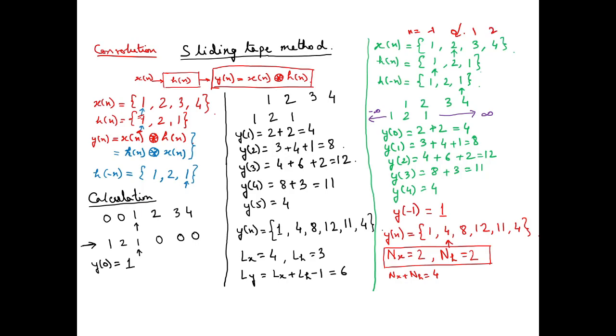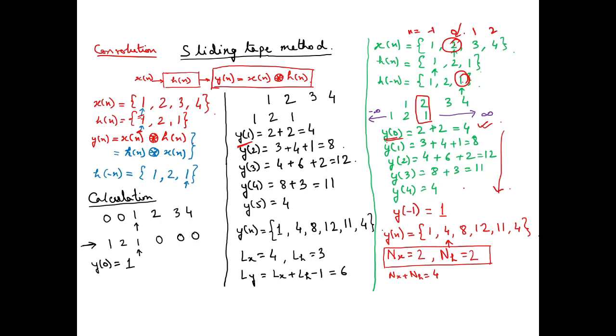The same process applies while doing the initial mapping. This is the 0, after inversion this is the 0, so this 2 and this one should overlap. Similarly, as you go on increasing, y of 0, 1, 2, 3, 4, we get the values.